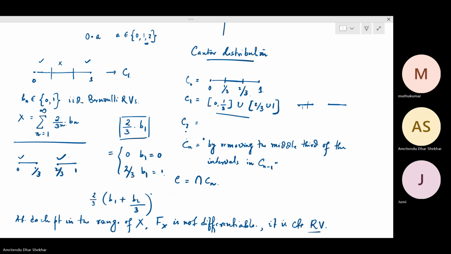But to say whether the CDF can be non-differentiable on a set which has non-zero measure, that would be equivalent to saying that there exists an interval such that inside that interval f of x is not differentiable at all points. Let me write it down.